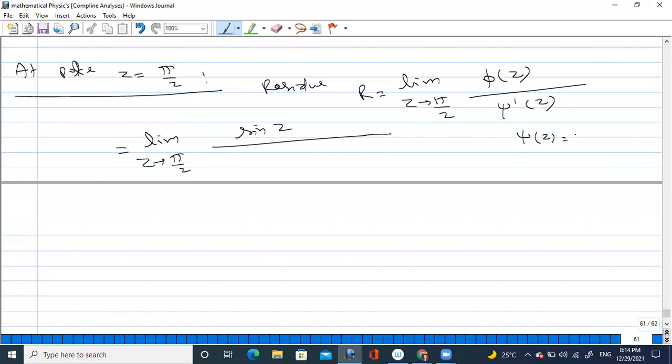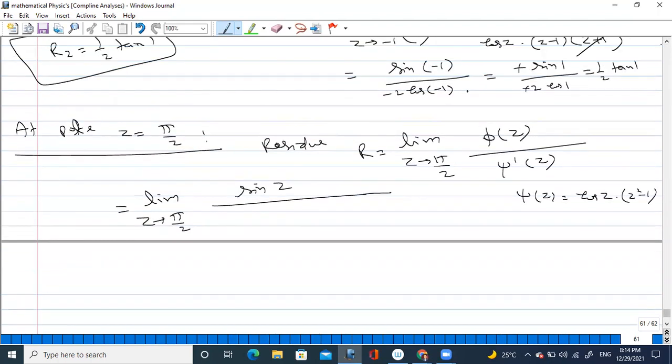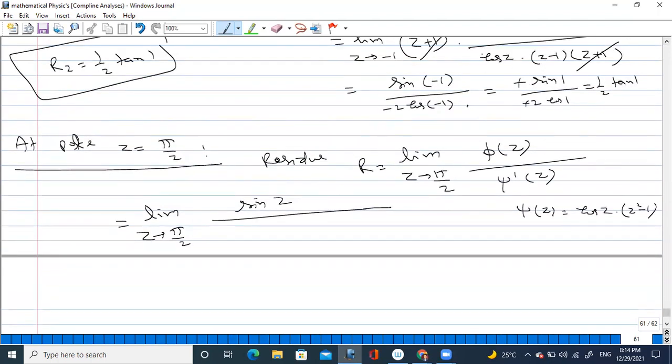Actually psi z is cos z into z square minus 1, because from z square minus 1 we have got z plus 1, z minus 1. You can see from here, this is cos z into z square minus 1. So you have to differentiate it.